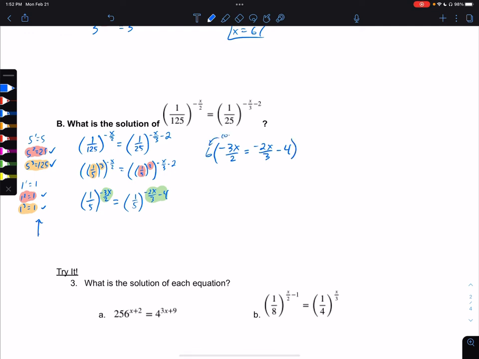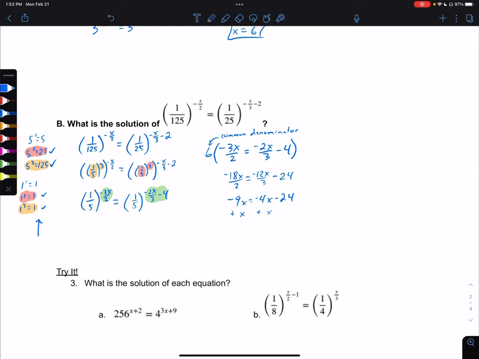So this 6 is a common denominator, and that'll help me clear the fractions. So 6 times negative 3x over 2 would be negative 18x over 2, negative 12x over 3 minus 24. So I now have negative 9x equals negative 4x minus 24, and I no longer have fractions I have to worry about. So I can solve this equation.